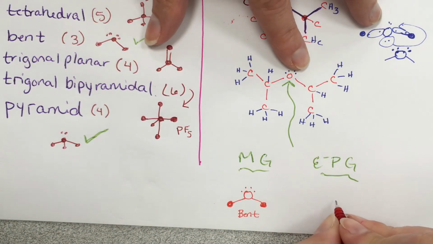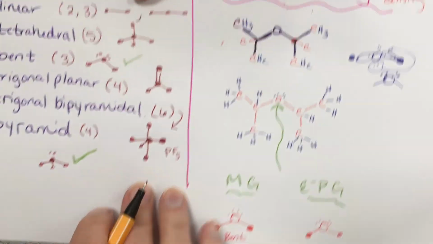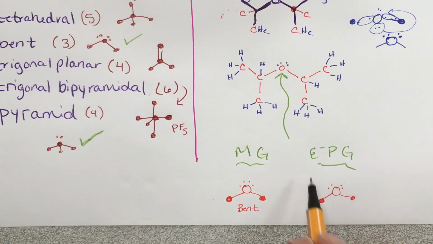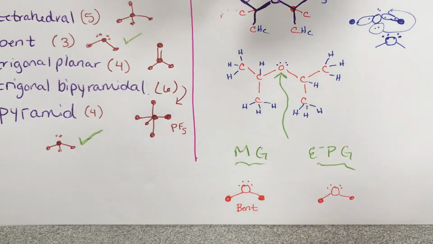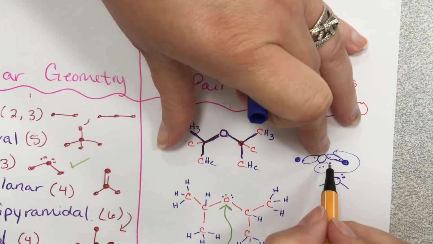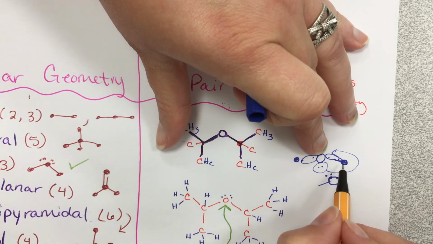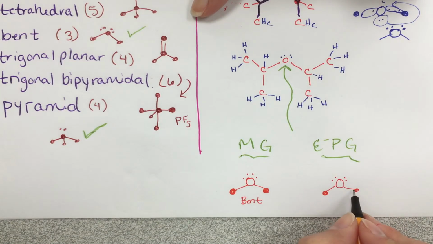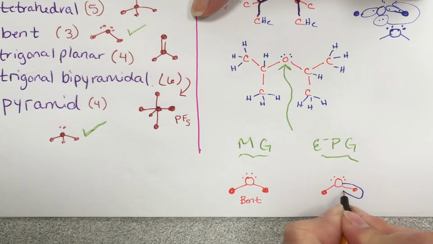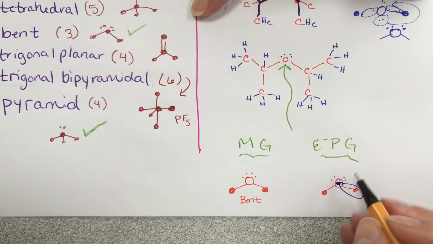However, if we were to draw this again, so let's say we're looking at it a different way. We're looking at electron densities, areas of electron densities, and not necessarily looking at these as different things. So basically a bond is an electron density, right? We looked at that up here. So an electron density is where electrons are located, or most likely to be located. So a bond is literally 2 electrons. It's an electron density. So we have an electron density here, and we're going to call that the nucleus. That's oxygen, but that's the nucleus of the oxygen.